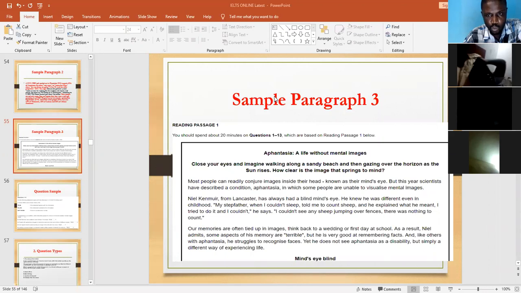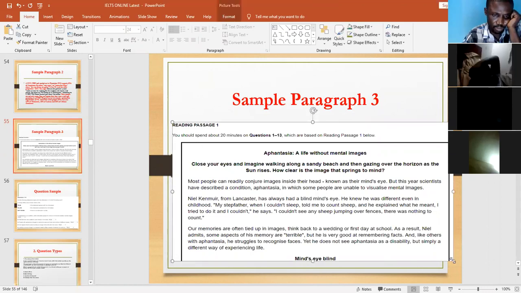Okay, it's showing now. Yes, we can see aphantasia. Is it bold enough?